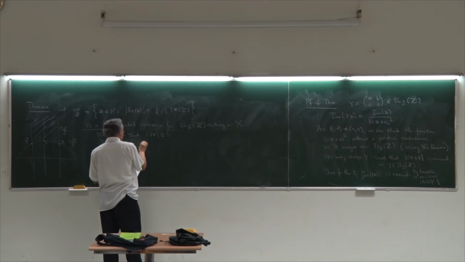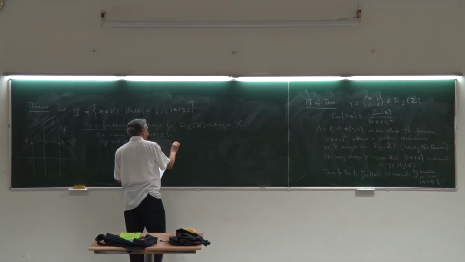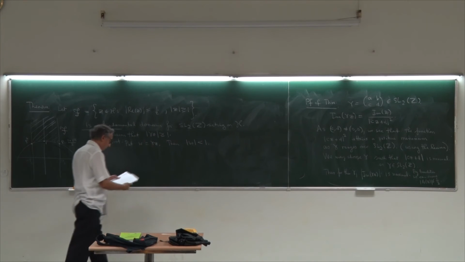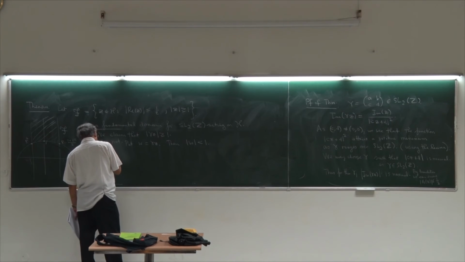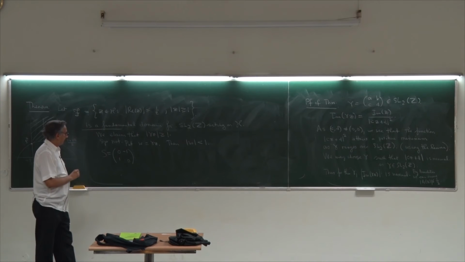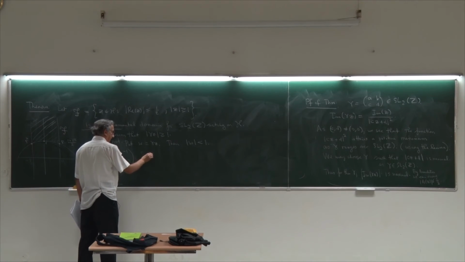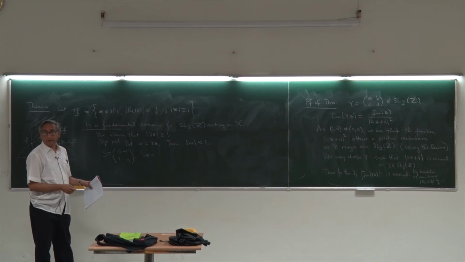Then put w equal to gamma z, then mod w is strictly less than 1. Now remember the transformation S, which is 0, minus 1, 1, 0. It has the effect of taking w to minus 1 over w.